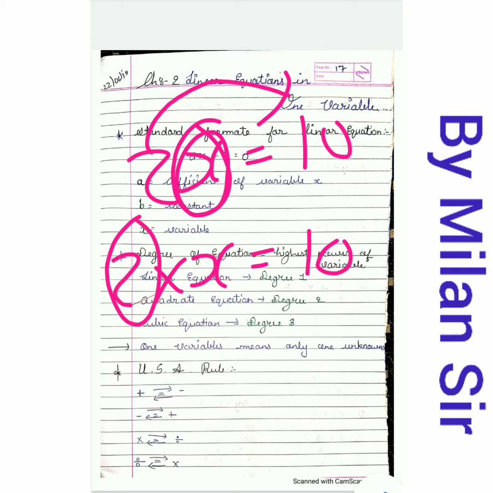If I transfer this 2 to the right hand side, then it becomes division, that means it goes to the denominator. The multiplication by 2 becomes the denominator on the right hand side because it crosses the equality sign.